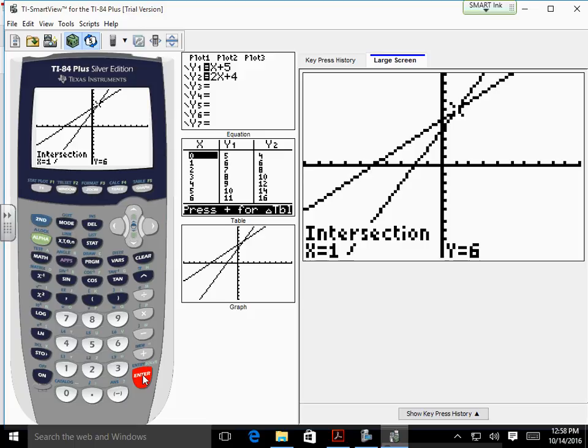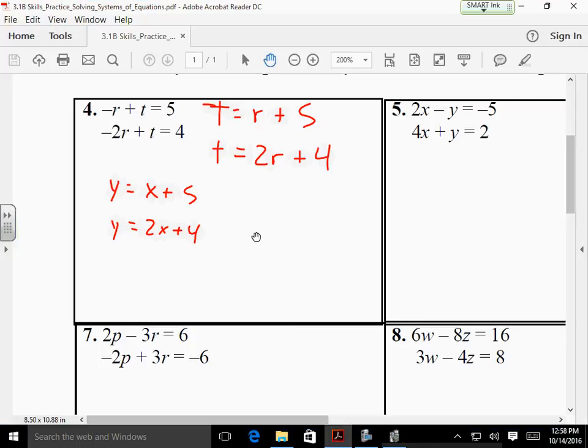Intersection is 1, 6. So that means in that problem, if x is 1 and y is 6, x was r and y was t. That's what you want as your answer.